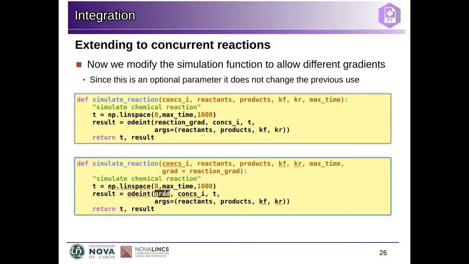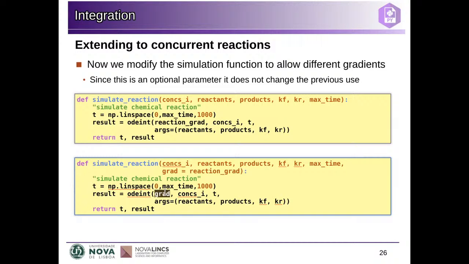The reason why I'm showing you this is that sometimes when your programs start getting a bit more complex, you may find the need to update some functions in order to give them new functionality. In this case, we want this function to work not only for a single reaction, but a system of several reactions.